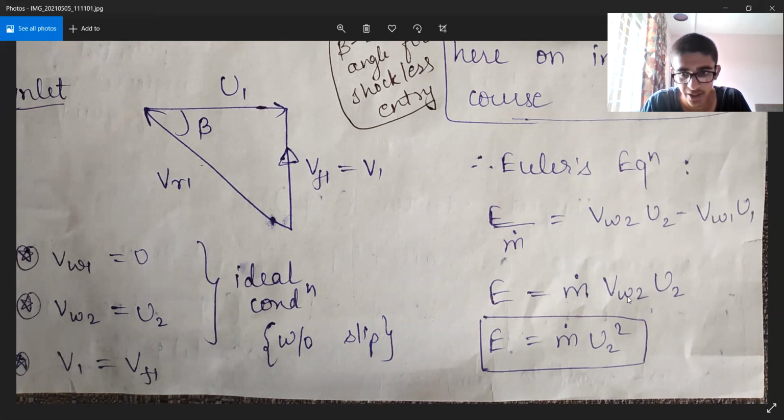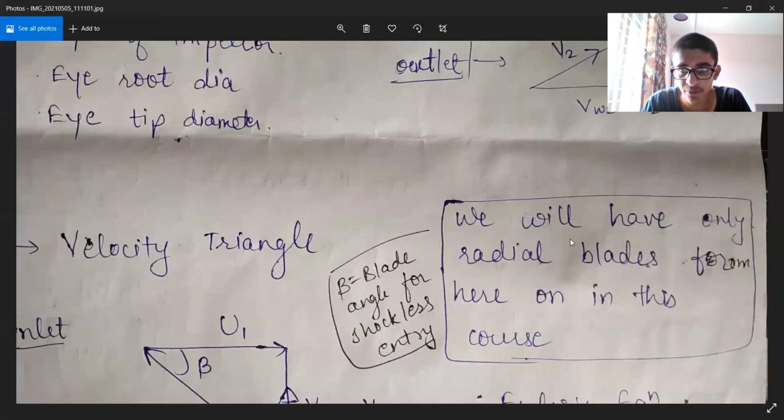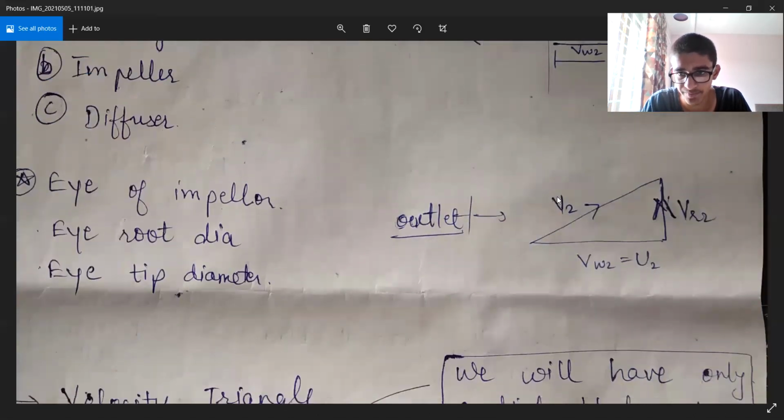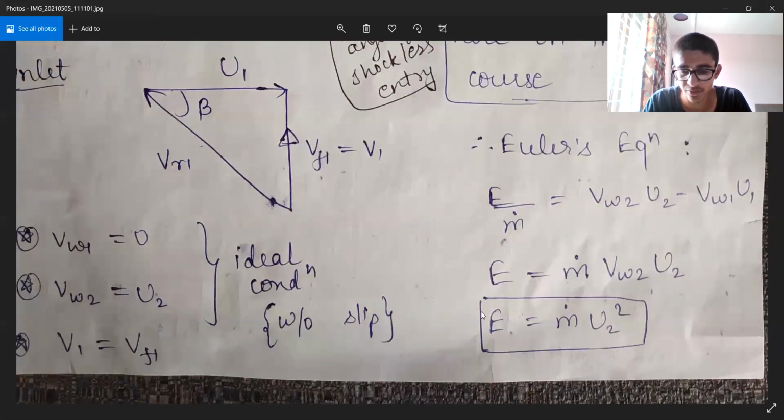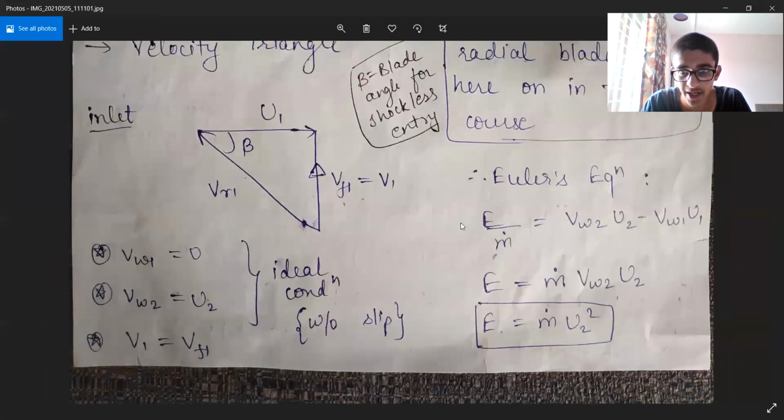For ideal conditions, we know that VW1 is 0, so the second term goes off. So the total energy transfer is m dot VW2 U2. And we also know that VW2 and U2 are equal. So the total energy transfer is m dot U squared, because these are equal. But this is an ideal condition.